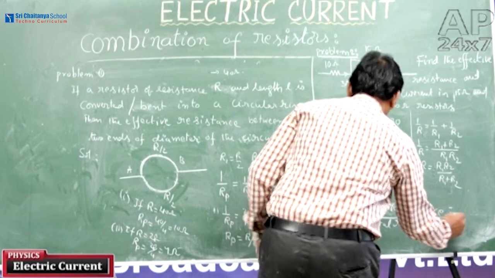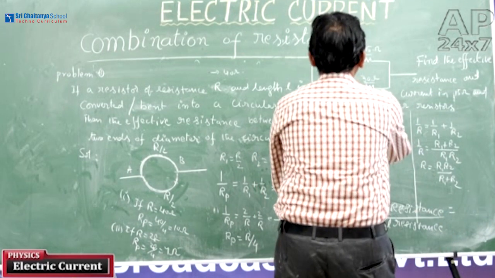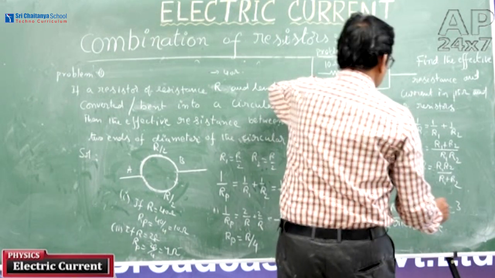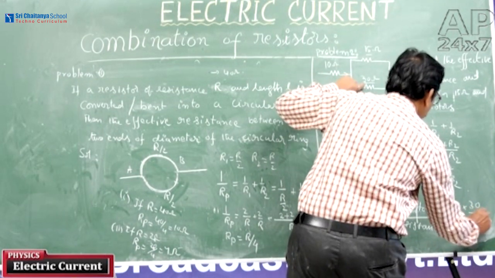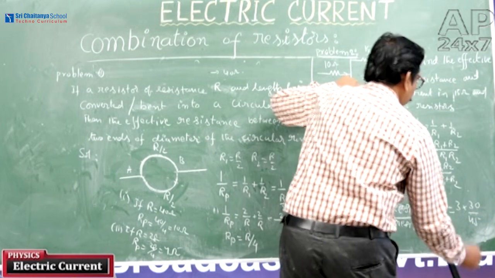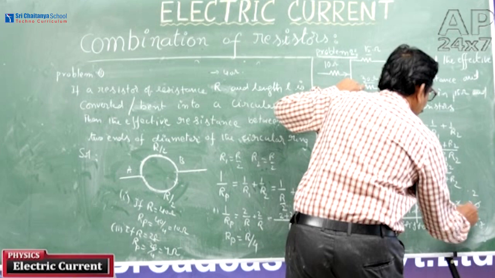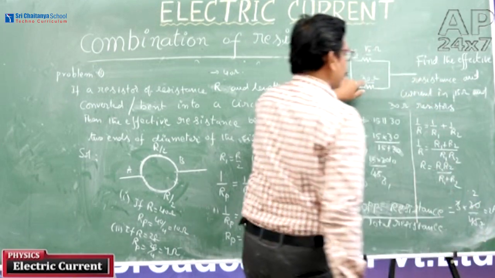So what is the I value here? From the circuit, you can say that it is 3 into opposite resistance 30 divided by total resistance 45. So it is 15 2s, 15 3s, 3 gets cancelled, 2 amperes.